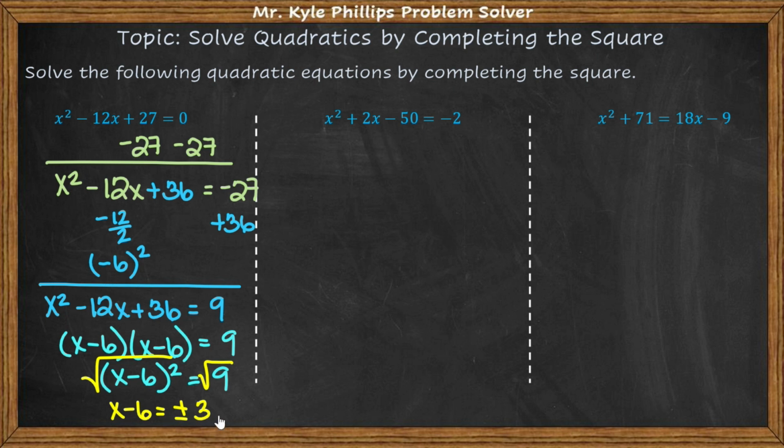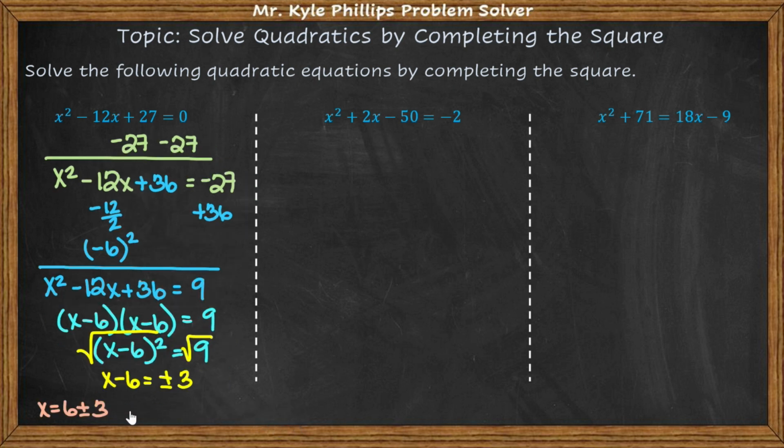So x is equal to 6 plus or minus 3. My two solutions will be 6 plus 3 and 6 minus 3. So my solutions are going to be 6 plus 3, which is 9, and 6 minus 3, which is 3. Now, here you can get those same numbers by factoring.